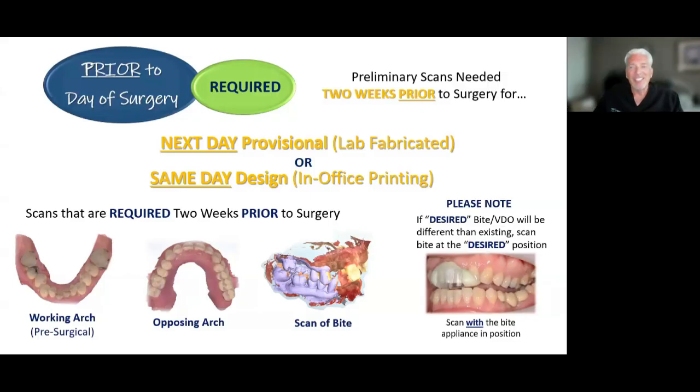A lot of these patients have a closed or collapsed vertical, and that needs to be addressed, because we don't want to use your provisional to open a patient's vertical 4 or 5 millimeters on the day of surgery. They've lost their proprioception by edentulating the patient, and you need to deprogram and reprogram the musculature.